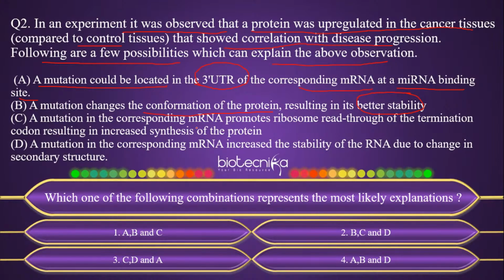Statement C: a mutation in the corresponding mRNA promotes ribosome read through the termination codon, resulting in increased synthesis of the protein. The last statement, D: a mutation in the corresponding mRNA increases the stability of RNA due to change in secondary structure. Now you have to find out the correct combination of statements.